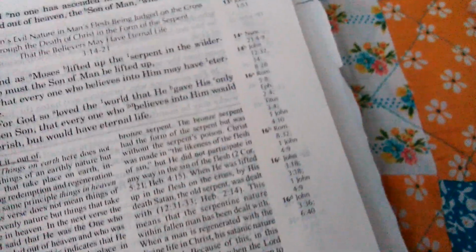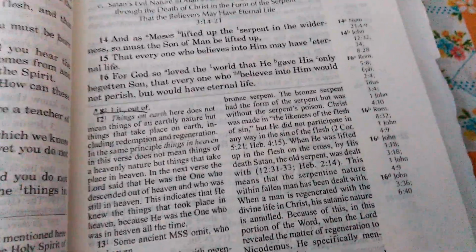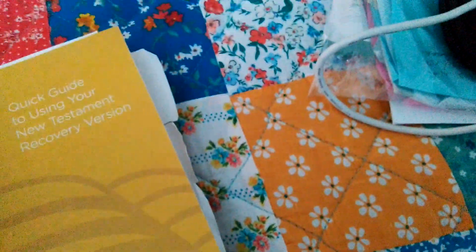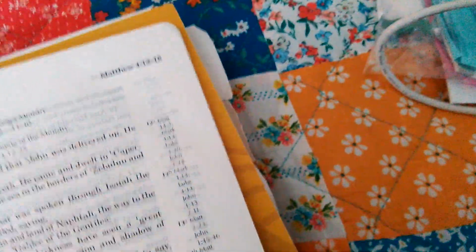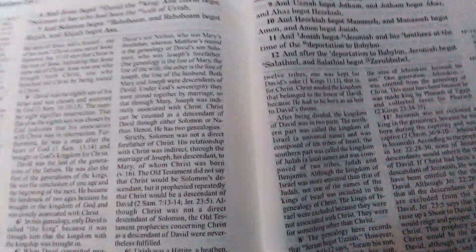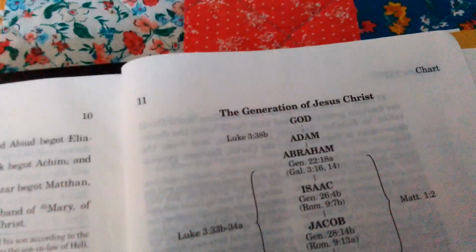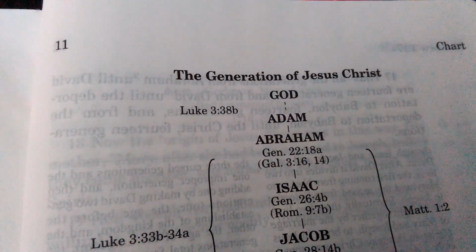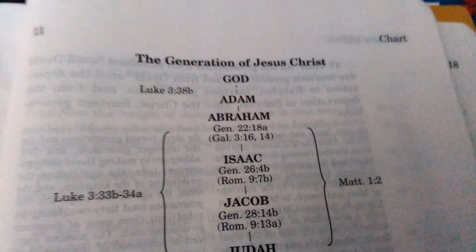And there are also places where there are little charts in here as well. And those are very important to see. If I might find one for you when I flip through this. I don't think they're that far away. Let me see, for example. There might be one here. If I can find it very quickly, I will show it to you because here you go. The genealogy of Jesus Christ. Now, notice this.